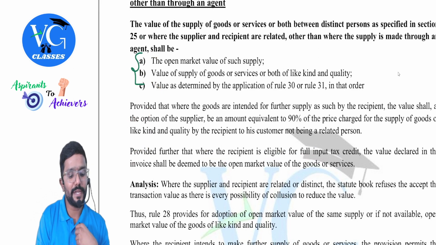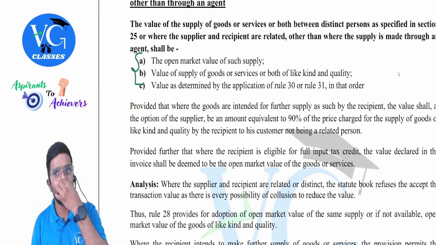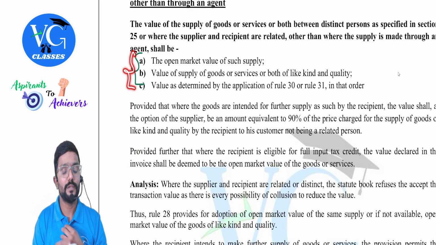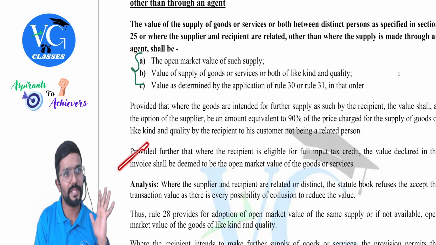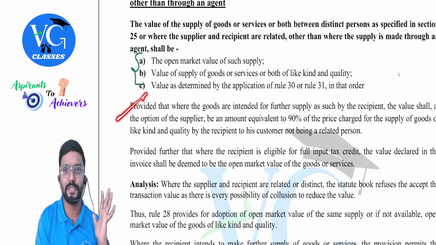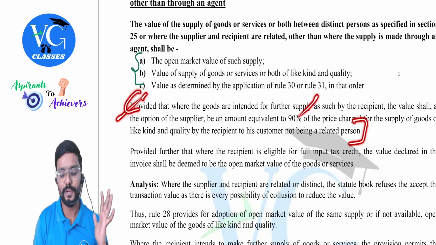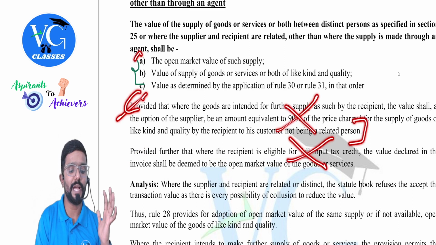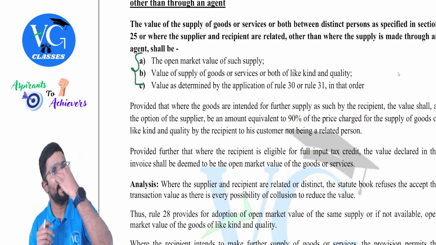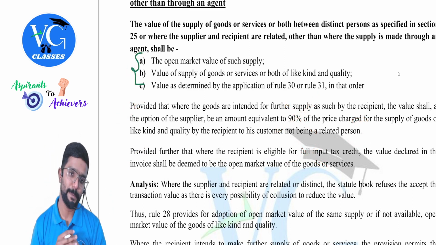Only if the scenario is not covered in both of these paras, then only we will look into A, B, and C. If a case is covered here, straight away we apply this proviso. If it is not covered under both, only then I will be worried about A, B, and C.